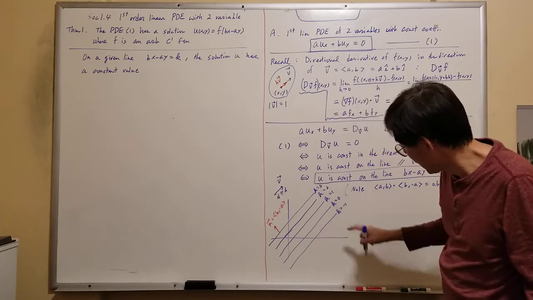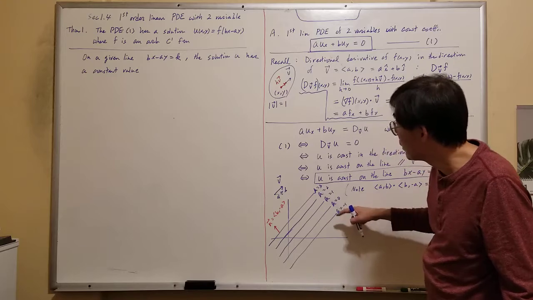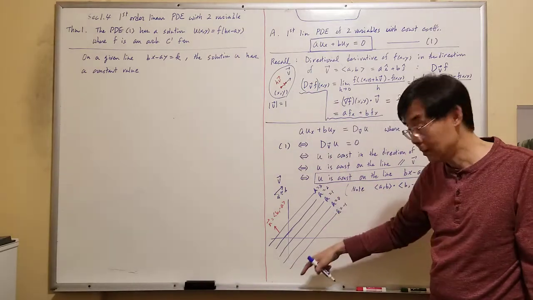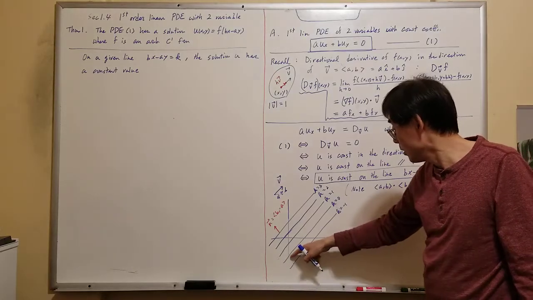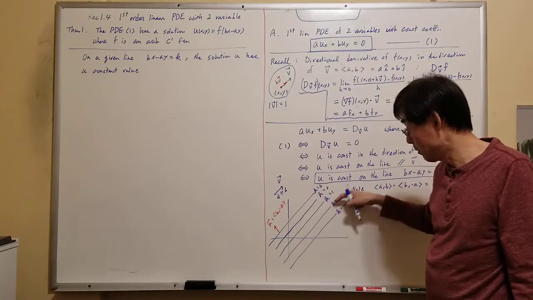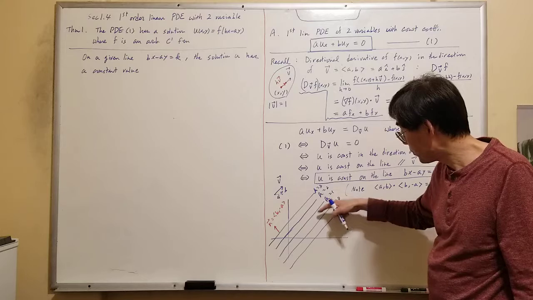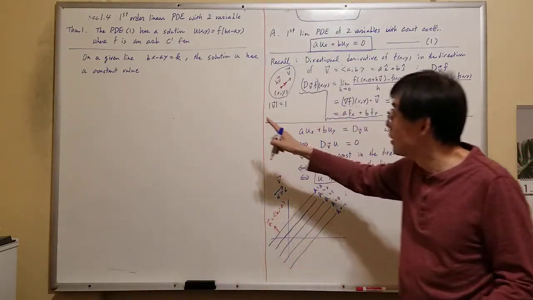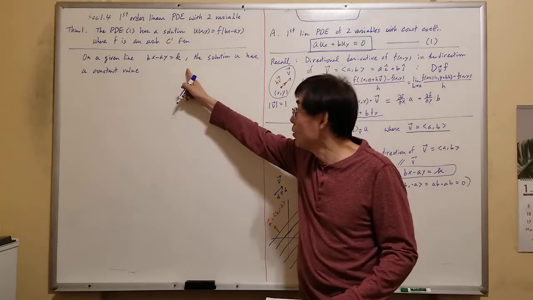Then all the points on this line will have the same solution value along this line, but on another line, possibly another value, right? So your solution function depends on this k value.